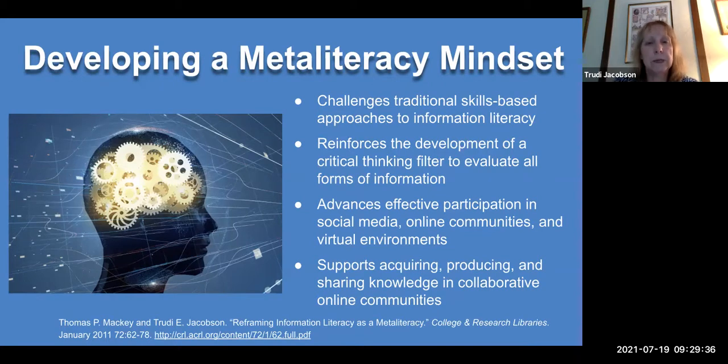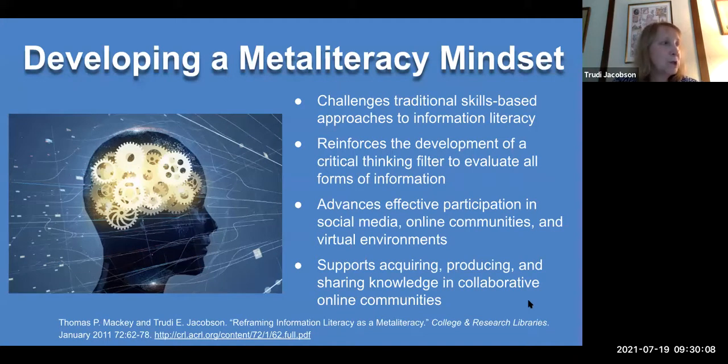Meta-literacy mindset really emphasizes critical thinking and reflection, in order to situate oneself in the information environment, also in the environment with others through social media and online communities. And critically, it's not just the consumption of information, but also the production and sharing of information.